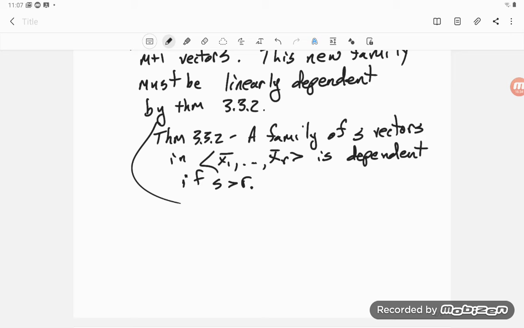So since they're dependent, then I could find, now their proof, they mix a lot of x's in there. I don't like that.